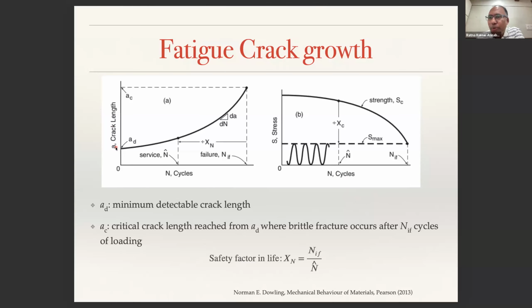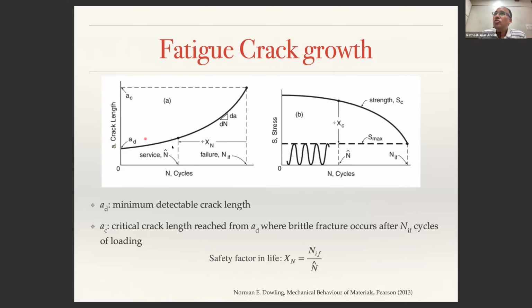Every component will have some crack, and your NDE equipment, non-destructive evaluation equipment's limit matters when you are trying to detect cracks in a material. You can only detect a crack that falls within the limits of your NDE equipment. You cannot detect a crack smaller than that. Do all of you agree with me?